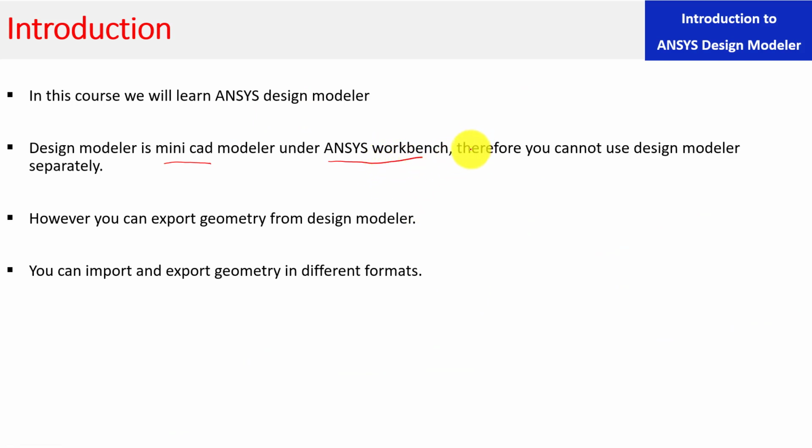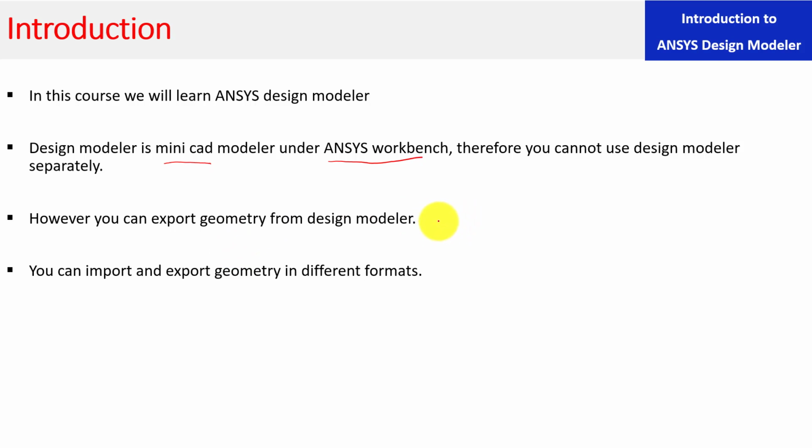But the problem is that the Discovery or Space Claim we can use separately, outside the Workbench as well. But Design Modeler can only be used inside the Workbench, and it's a mini CAD modeler. From the Design Modeler you can export geometry in various formats, like Parasolid or IGS.